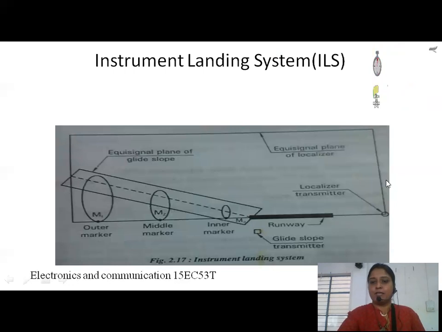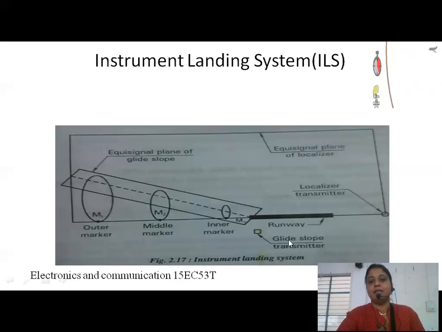This is the vertical plane generated by the localizer transmitter signal. Similarly, this plane is inclined at an angle of 2 to 5 degrees, usually in the range of 3 degrees, to the horizontal plane, and it is generated by the glide slope transmitter.